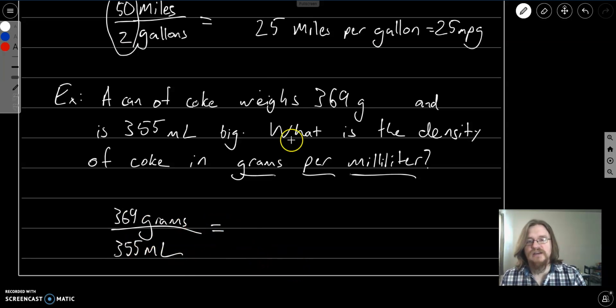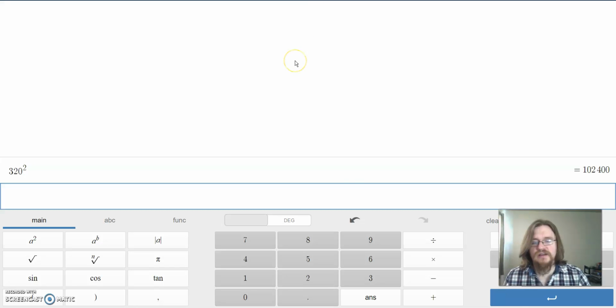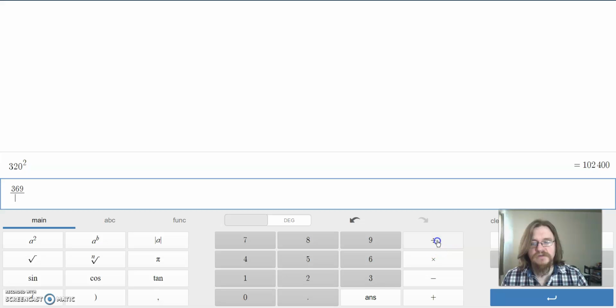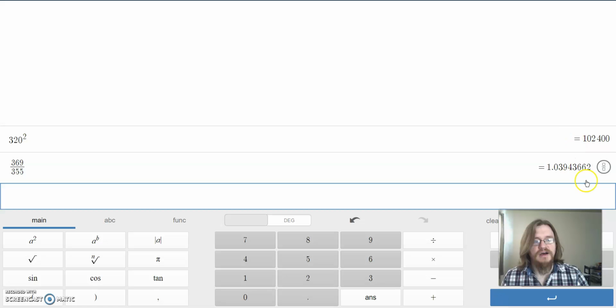This is not something I can do in my head, so let's come back to our calculator. And we'll take 369 grams divided by 355 milliliters. And if I round to the nearest thousandths, so that's 3 decimal places, 1.039. Do I round the 9 up? No, because 4 is less than 5.